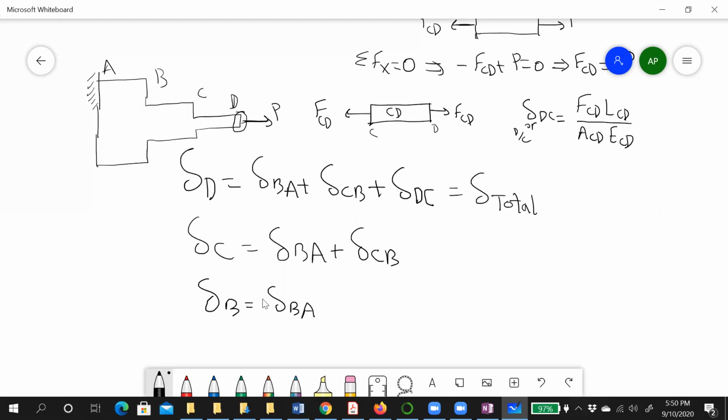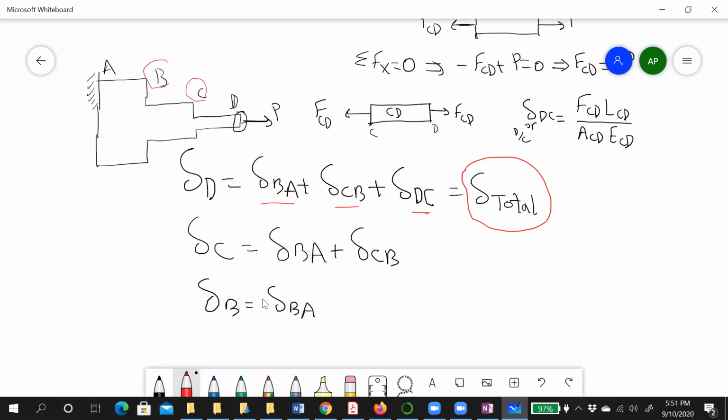So in future, if we ask you to find the delta total, you need to find the delta for each segment and add them together. But if I want to find the elongation at some specific point, I will let you know, okay, find the delta at this point, or find the delta at this point.